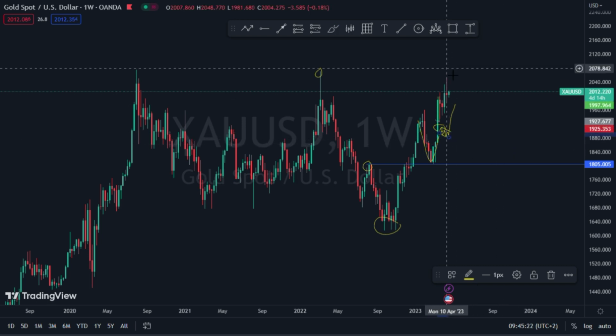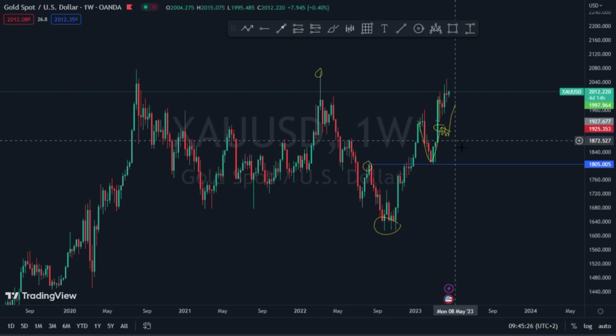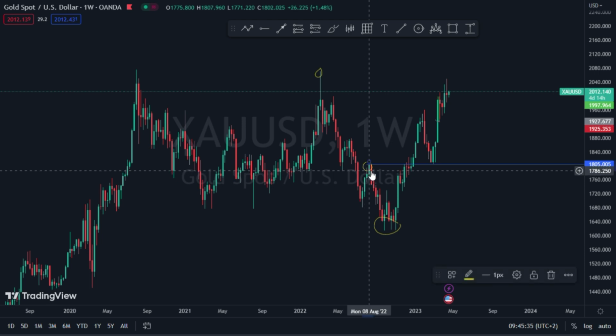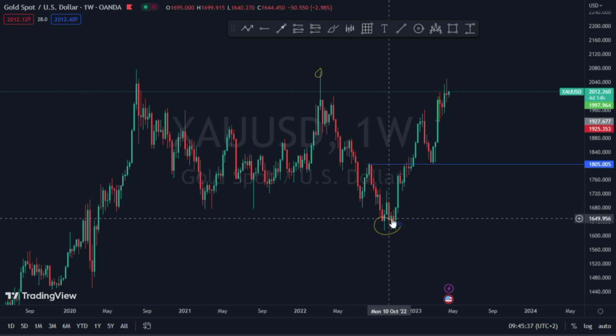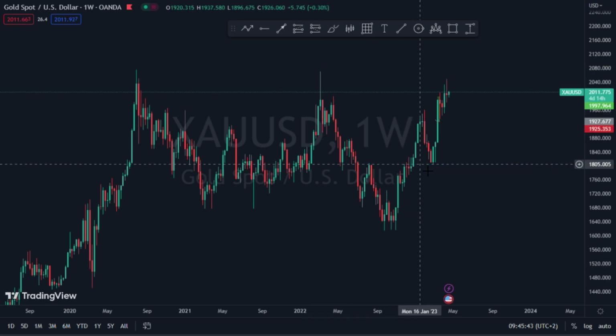Right now I want to focus much more on what is more likely to happen on these gold movements. So if I can just clear all these things, so that we analyze properly.